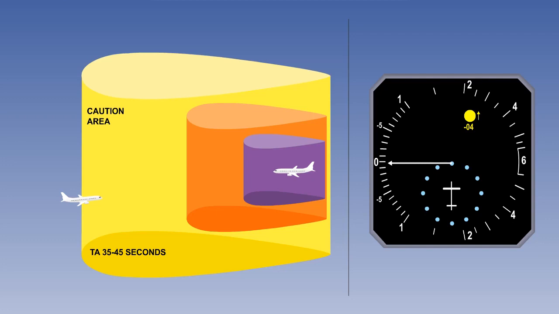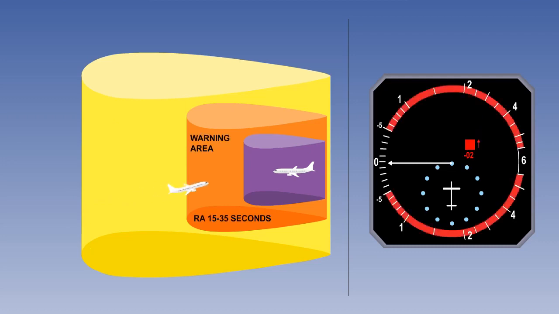In this example, the target aeroplane is depicted as -04, which is 400 feet below. As well as the visual warning, a verbal warning is also given, as this is a potential collision threat.